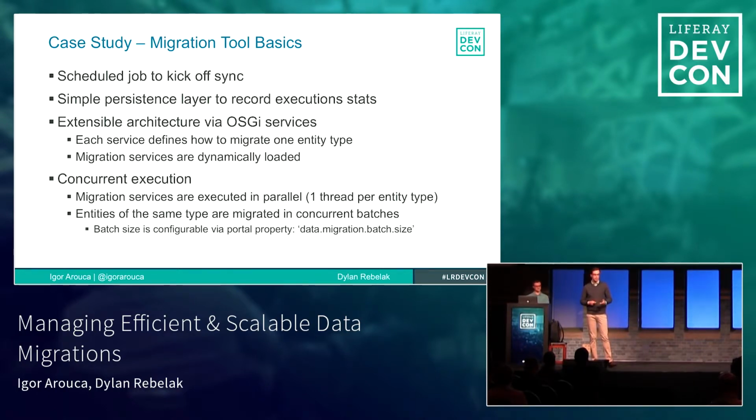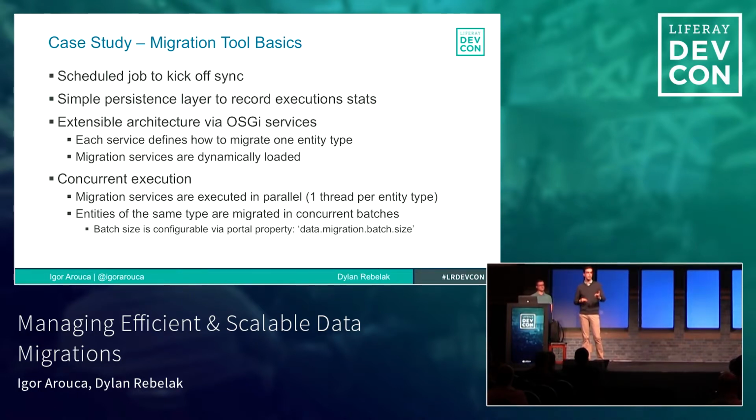It's just a simple dynamic injection that we do. And last but not least, we do the concurrency part, and I'll show that in the code. There are 2 points where we do the concurrency. We trigger one thread for each one of the entities that we want to migrate, each one of the services, and then within that thread, we open multiple threads to migrate the data in batches.